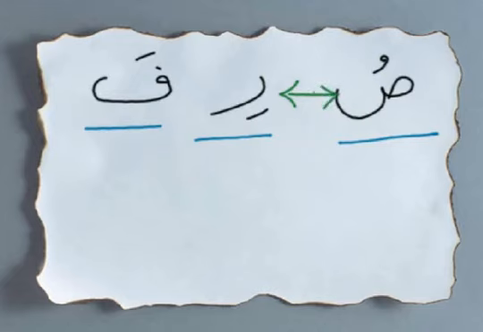Okay. Next item up for bids is harful sod with a dhamma, and we have harful ra with a kasra. You guessed it, kasra. Harful fa with a fatha. So that together makes up what? Go ahead, you say it. Did you say suritha? Or did you say suritha? No, it's not suritha.